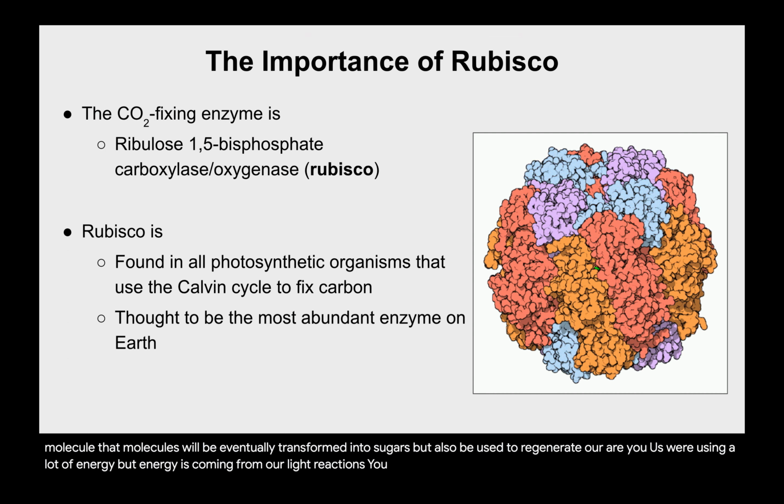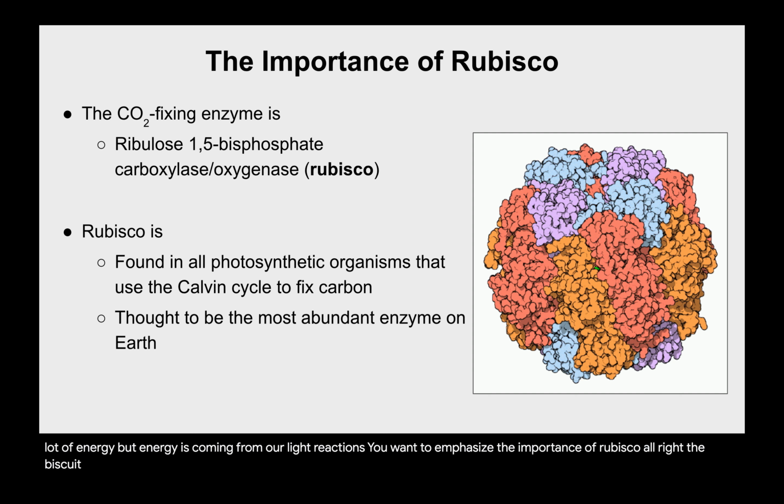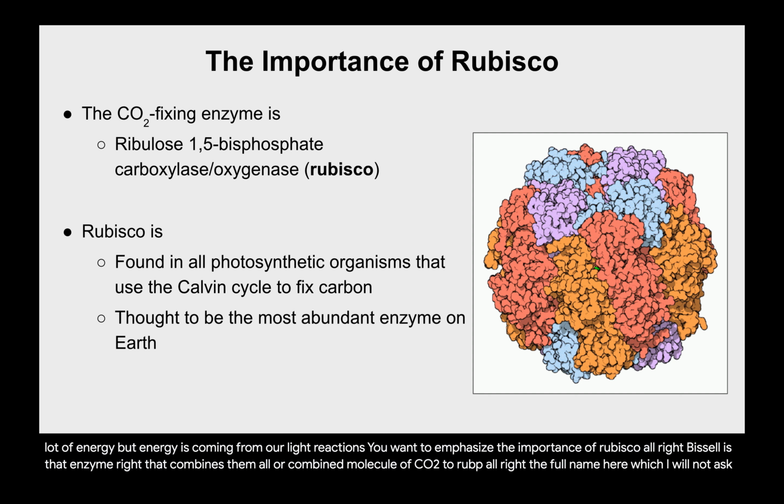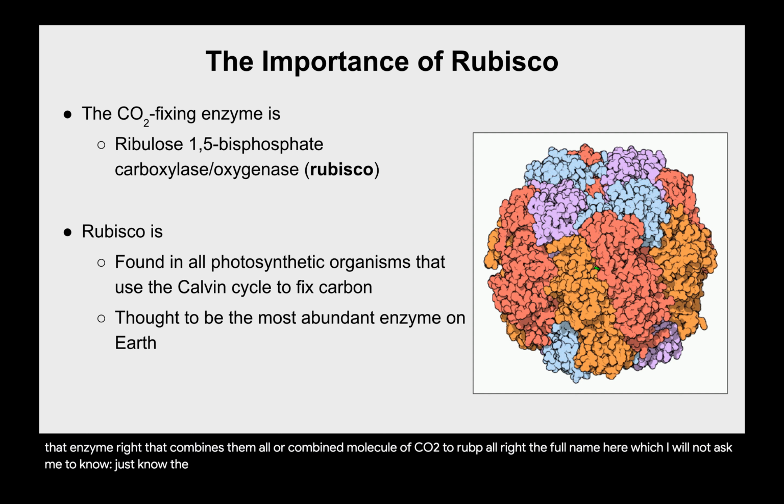I really want to emphasize the importance of Rubisco here. Rubisco is that enzyme that combines a molecule of CO2 to RuBP. The full name here, which I am not asking you to know, just know the abbreviated Rubisco, but the full name is ribulose 1,5-bisphosphate carboxylase/oxygenase.